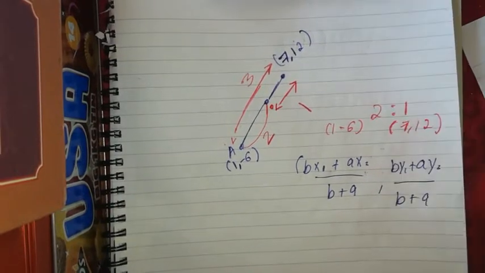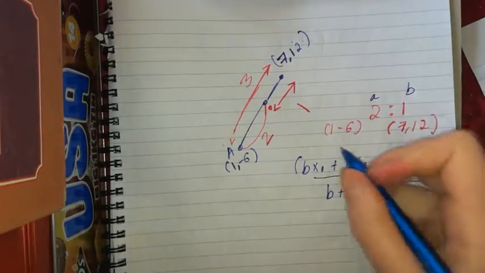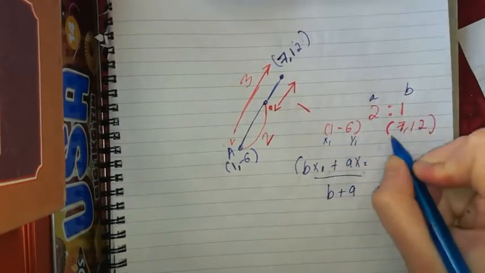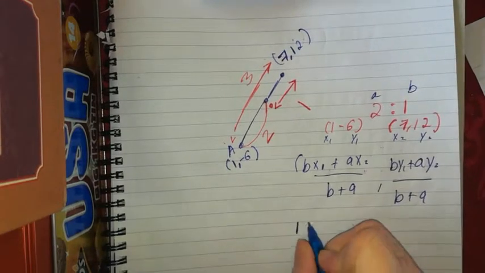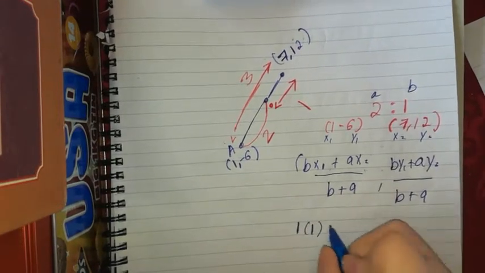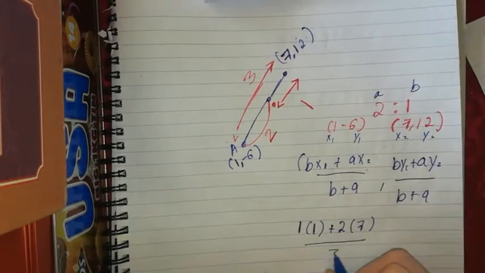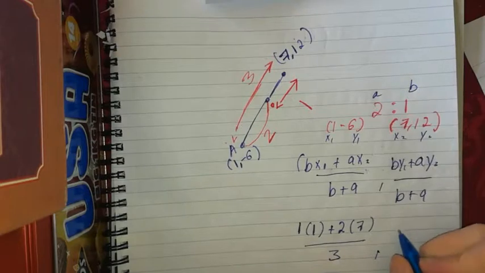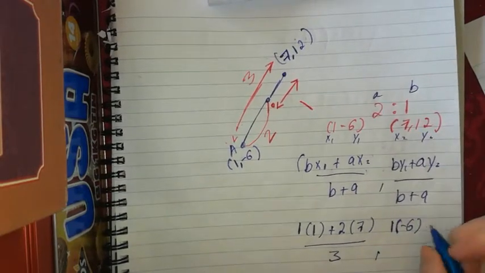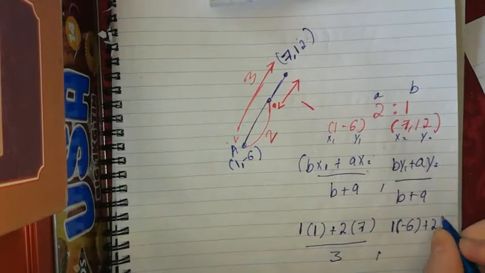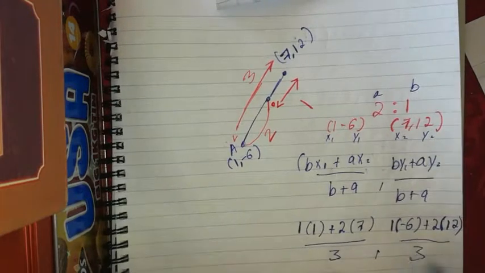So a is equal to 2, b is equal to 1, and then this is x1, y1, x2, y2. So b is 1, x1 is 1, a is 2, x2 is 7, all over b plus a, which is 3, and then b is 1, y1 is -6, a is 2 and y2 is 12, all over b plus a, which is 3.